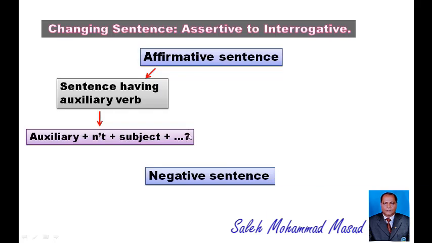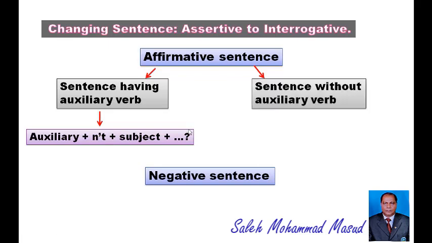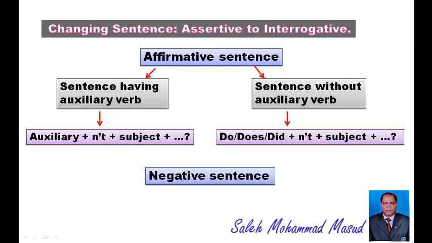Again, there are affirmative sentences which have no auxiliary verbs. We know these kinds of sentences are either simple present or simple past. To transform these sentences into interrogative, we also have to follow some steps. Number 1, use don't or doesn't or didn't before the subject.